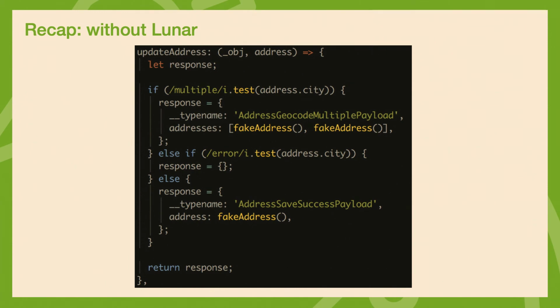We're actually regexing the address.city property that's coming in to the query or to the mutation. And we're checking if the city has the word multiple in it. And if it does, we're returning this multiple payload with 2 fake addresses. And if it has the word error in it, we're returning an empty response. If it has anything else, we're just returning a successful response.